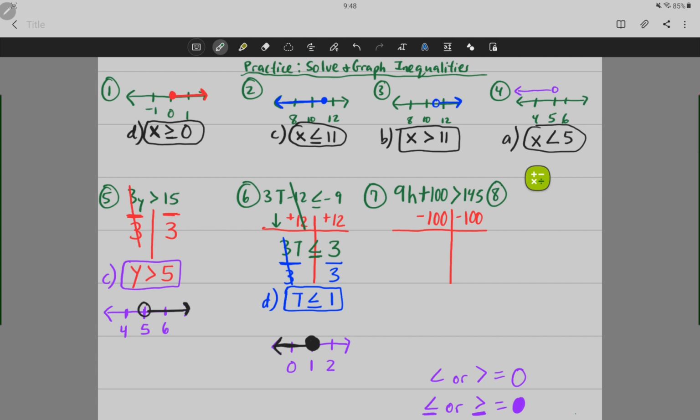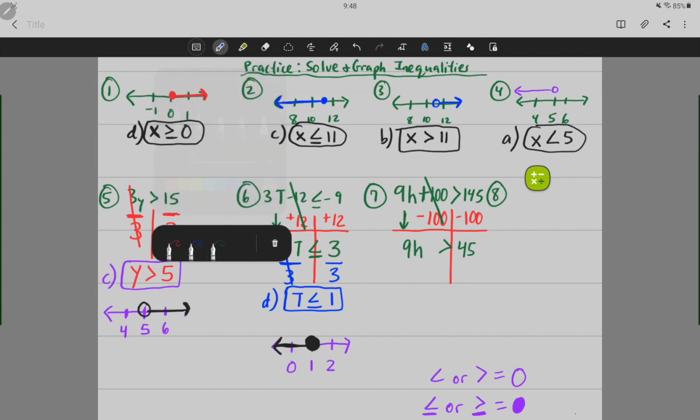So 9h we haven't done anything with yet. That's okay, just bring it down. 100 minus 100 is 0. Don't put 0, just cancel it out. Bring down your inequality symbol, the greater than. And 145 minus 100 is just 45.